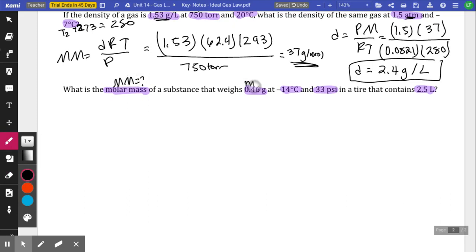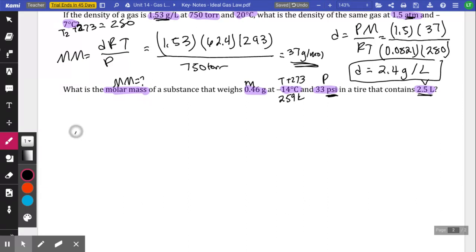I have my mass, and I have my temperature, I need to add 273 to it, so that ends up as 259 Kelvin. I have a pressure, it's in PSI, so I already know I'm going to need to convert that because I don't have an R value for PSI. We'll come back and convert that. And then I have a volume.